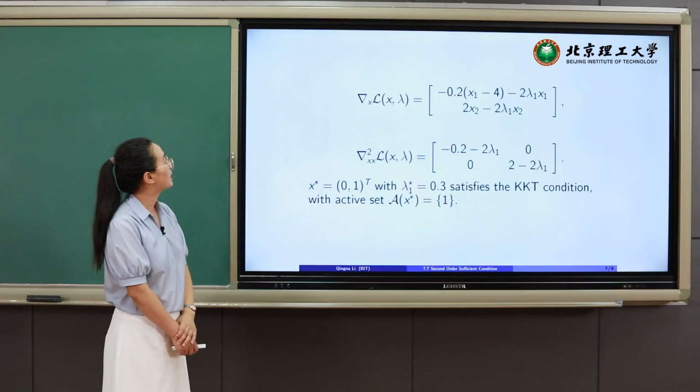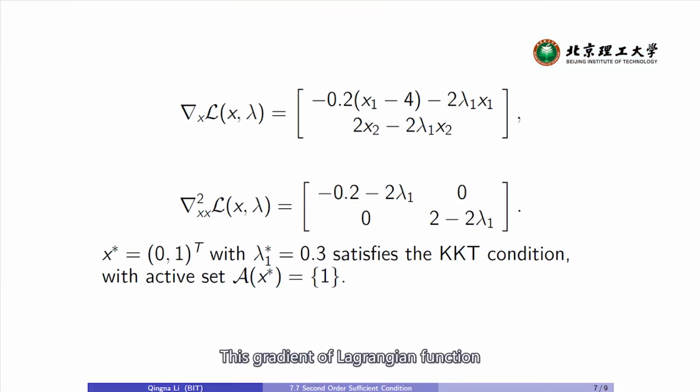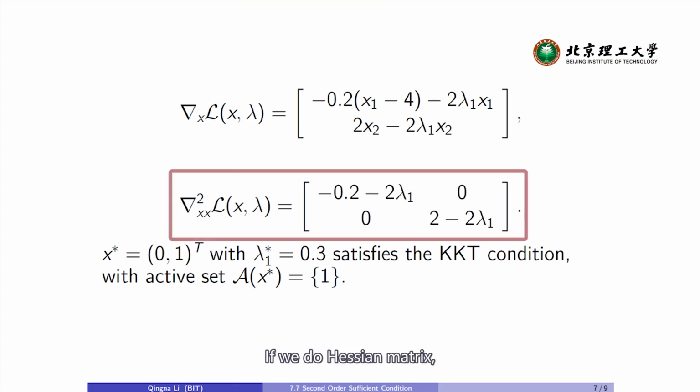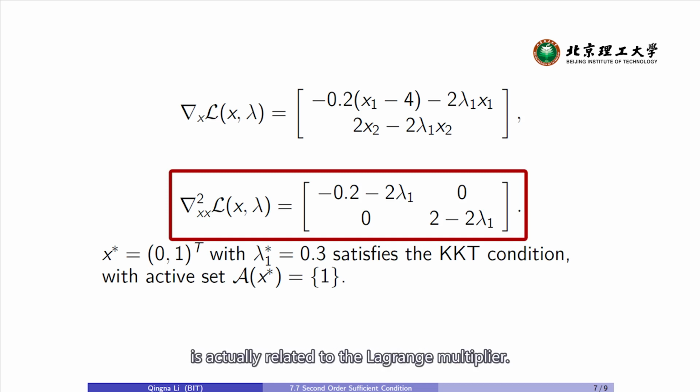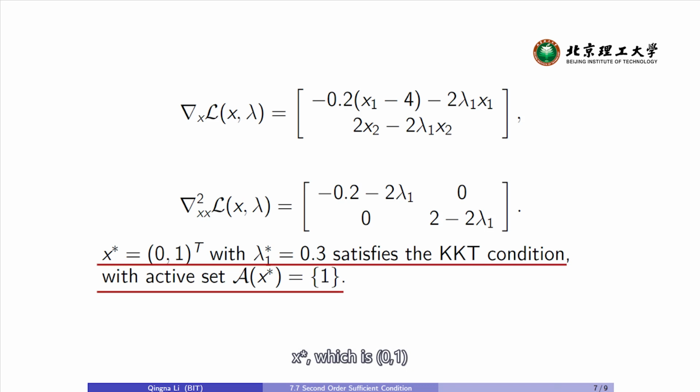Firstly, let's take the gradient of the Lagrange function. This gradient takes the following form, and if we compute the Hessian matrix, we find that it is related to the Lagrange multiplier. If we solve the KKT conditions, we find that x star, which is (0, 1), with the Lagrange multiplier satisfies the first-order optimality condition.